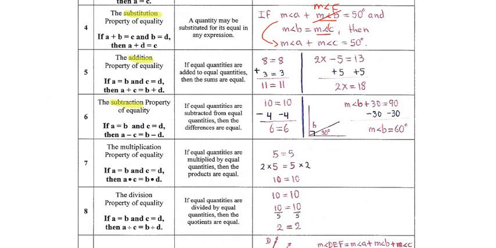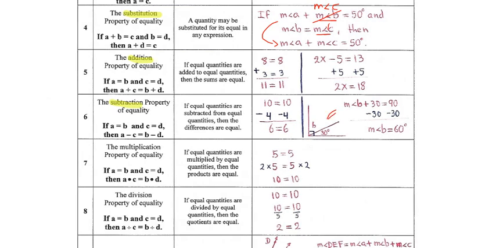And in the second example, it's a geometry example, we have an equation that represents the situation in the diagram. So we have the equation measure of angle B plus 30 is equal to 90 degrees.